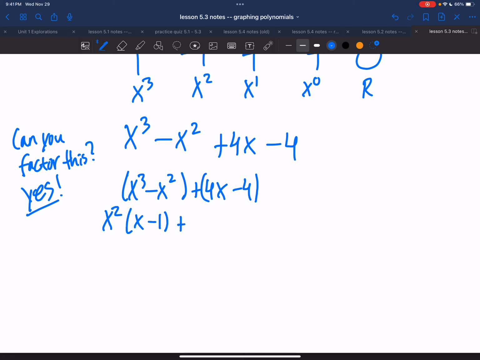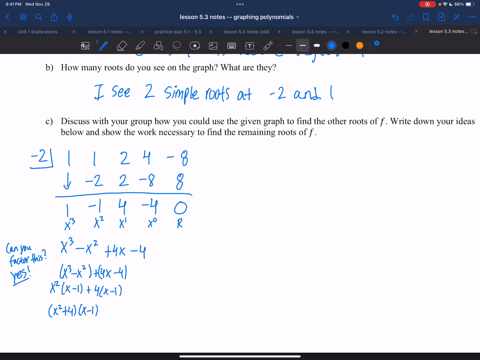GCF of the other term is 4, leaving behind x minus 1, which means this factors as x squared plus 4 and x minus 1. Aha. So, the full factor, and notice, x minus 1, that makes sense, because the other root we knew was 1, right? So I used one of the roots to create a polynomial that was factorable. I factored it, I found the other factors, right?